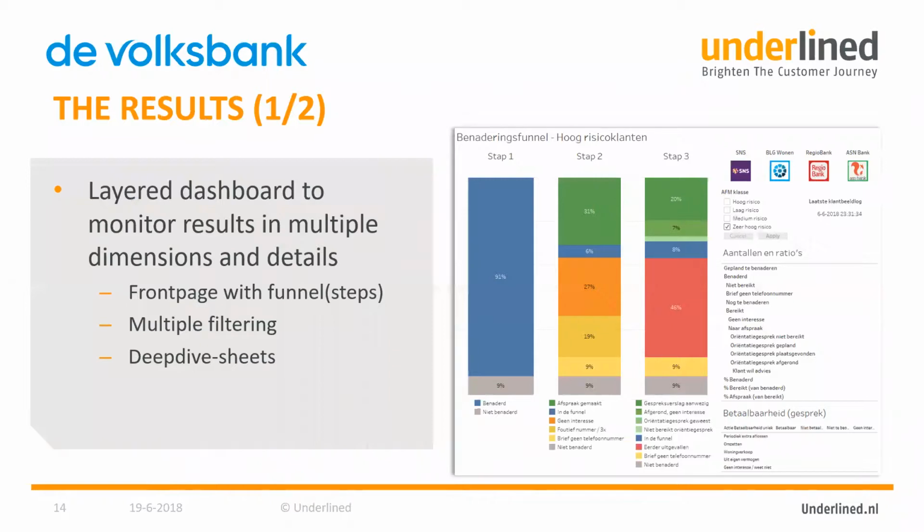If you look at the kind of dashboards we developed, this is the main one. This is on the front page, where you have 3 pillars, which are 3 stages in the customer journey, where you can look. We got, for example, 1,000 people we have to get in touch with.